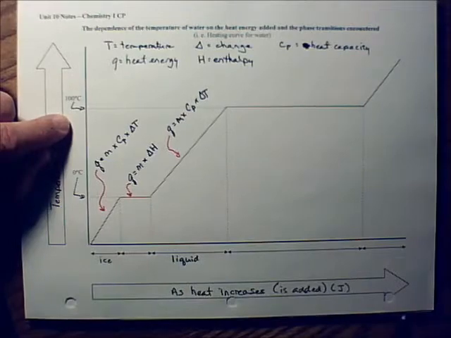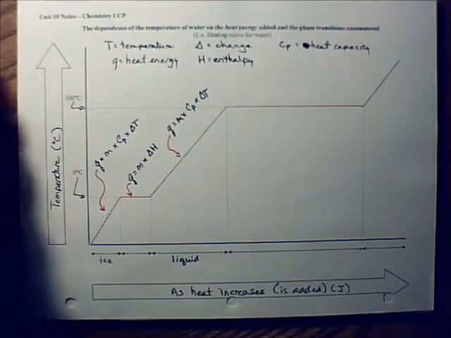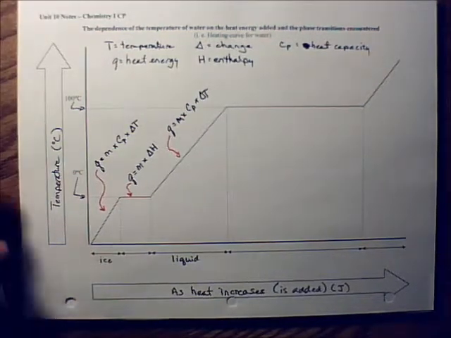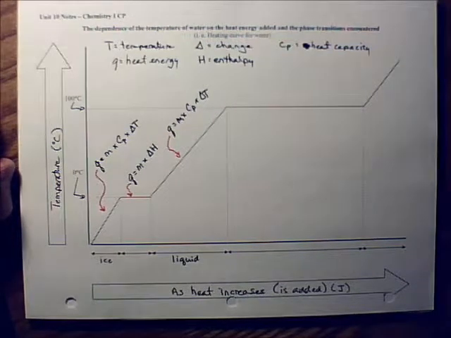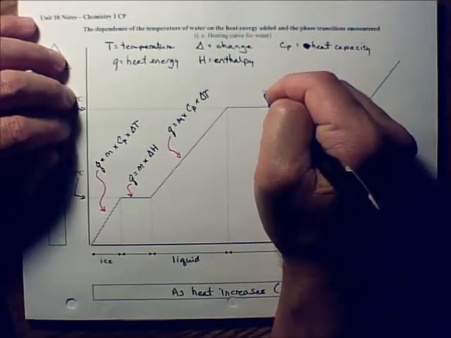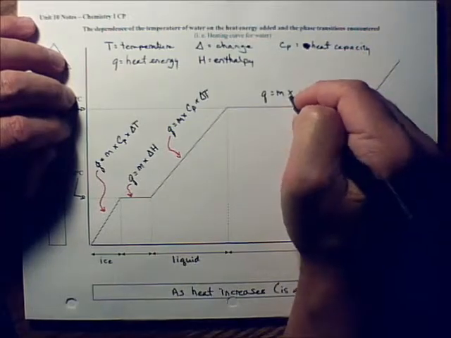Okay? So guess what equation we're going to use there? Can't change the temperature. So which equation we're going to use there? Okay, delta H, the change in enthalpy. All right, so it's Q equals the mass of the water we're working with times that change in enthalpy.